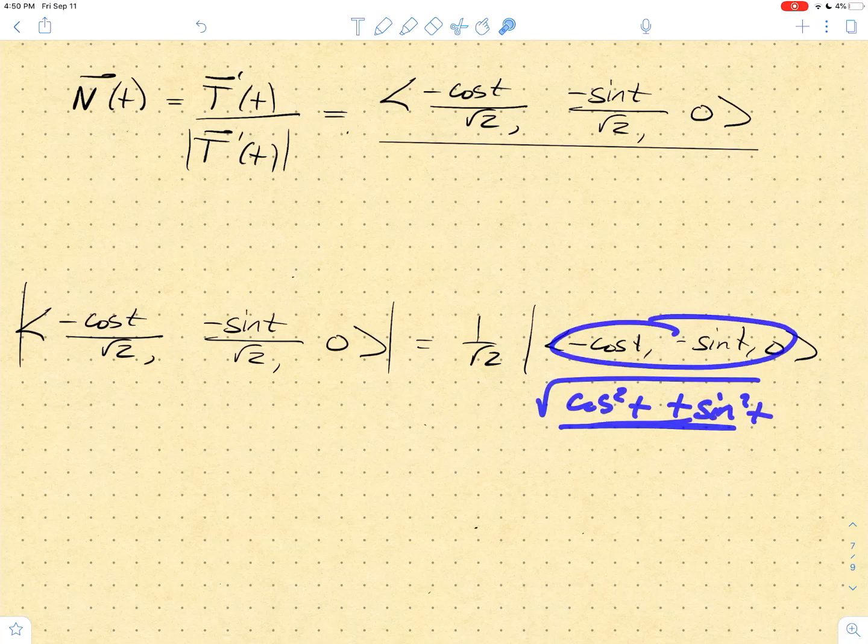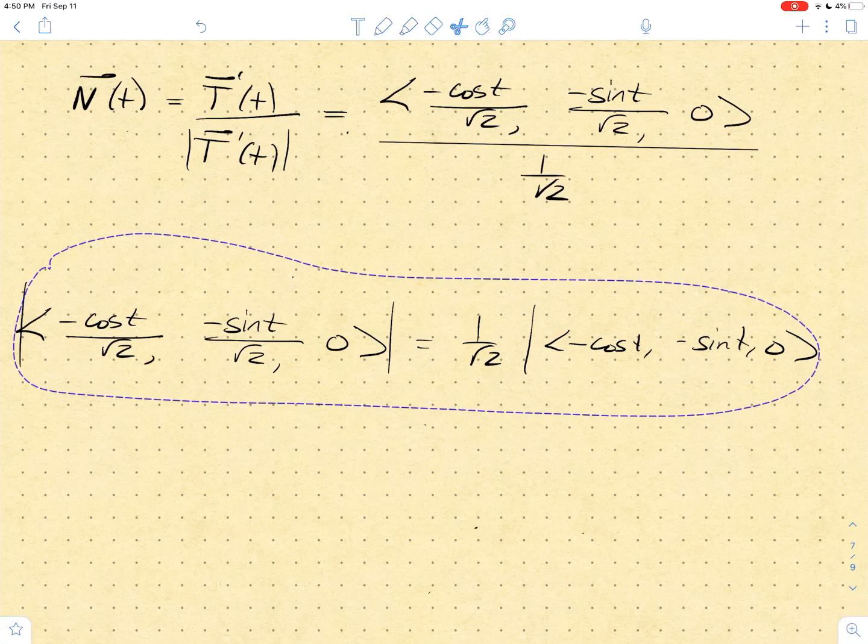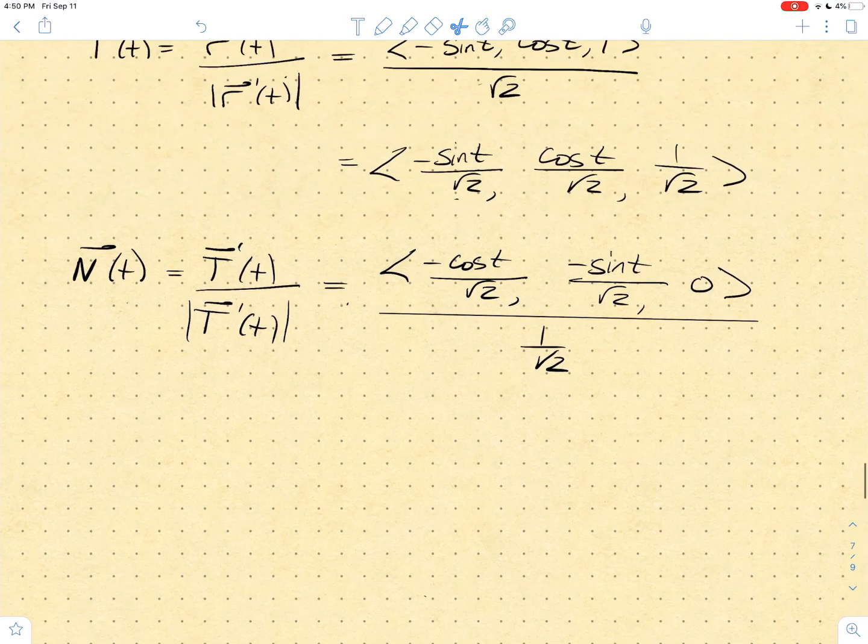So the length of this guy is just 1 over root 2. Please check with me that you get 1 over root 2. And so the normal vector cleans up as minus cosine t, minus sine t, comma 0. That's the normal vector.